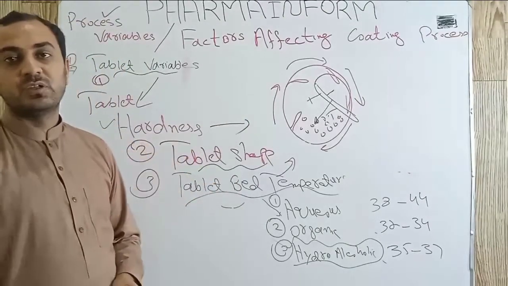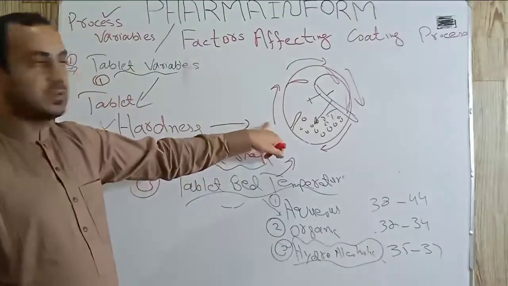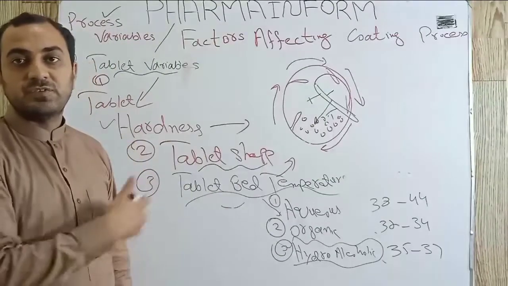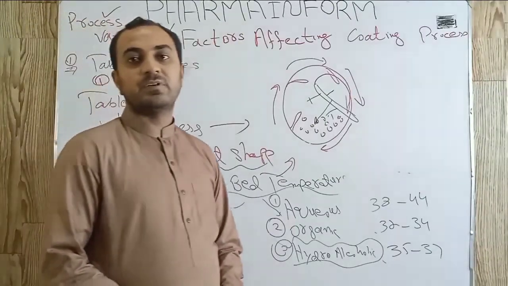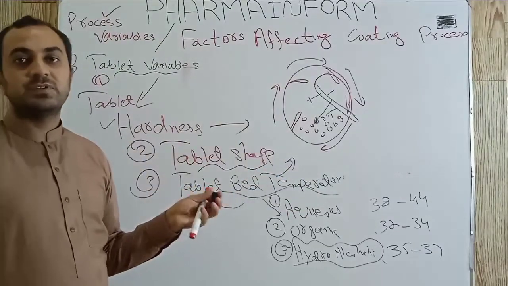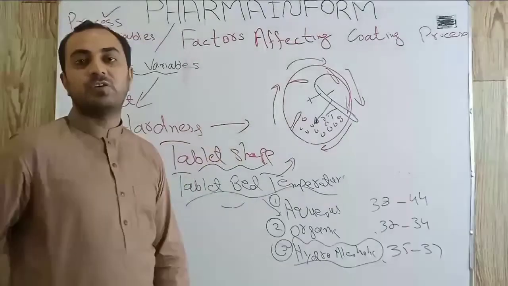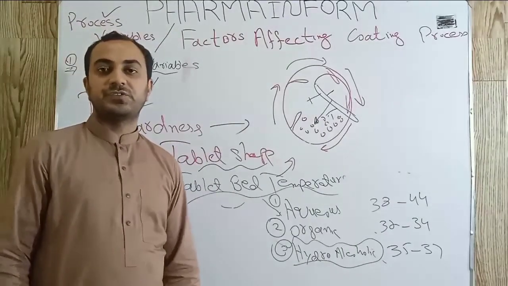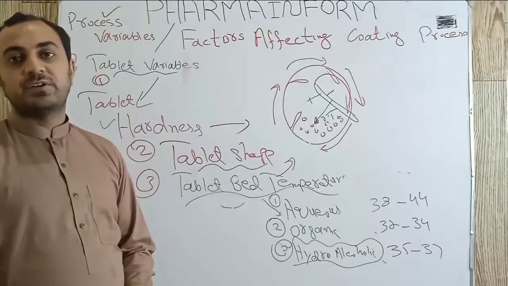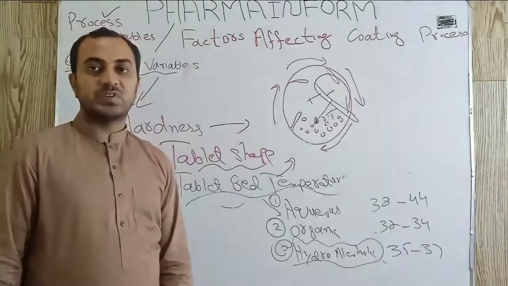If we use oblong shaped tablets, they may result in twinning during the coating operation. Their rotation is difficult as compared to round shaped tablets. So we have to change our parameters according to the tablet shape. Tablet shape is also an important factor, and we have to adjust different parameters like pan speed, spray gun pattern, and spray rate according to the tablet shape.